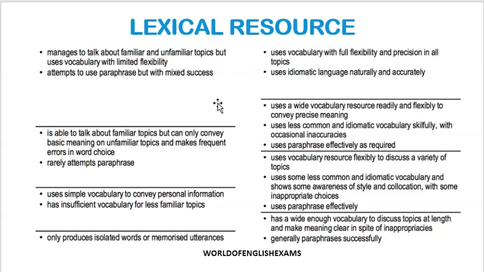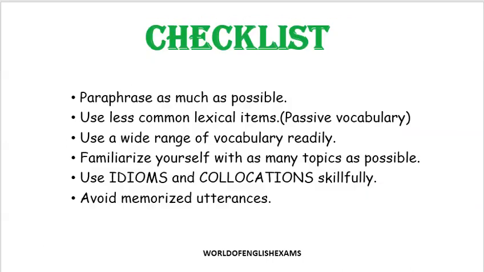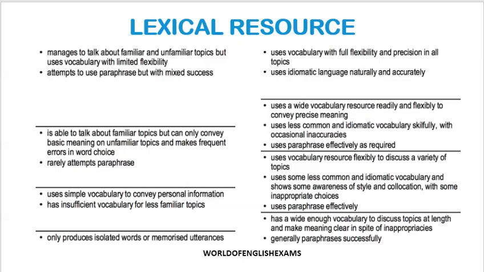Having understood that, what is our checklist now? First point, paraphrase as much as possible. Second point, use less common lexical items like passive vocabulary. Third, use a wide range of vocabulary. That's going to give you band 8 or probably band 9. Then familiarize yourself with as many topics as possible, because in band 2 and band 3 the candidate has insufficient vocabulary for less familiar topics.